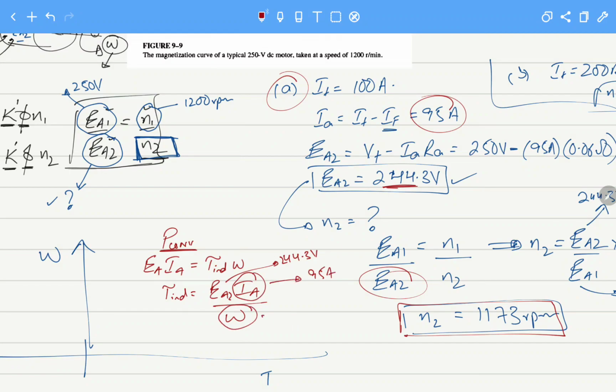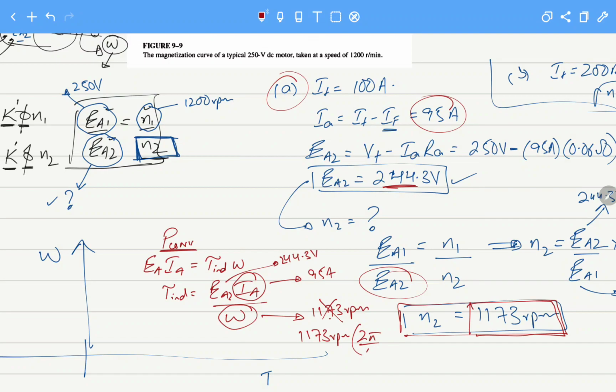Now what is the speed we have calculated? It is 1173. But if I put this value, it is wrong, because in the formula it is omega. So I have to convert 1173 RPM into radians per second, and the formula is very simple.